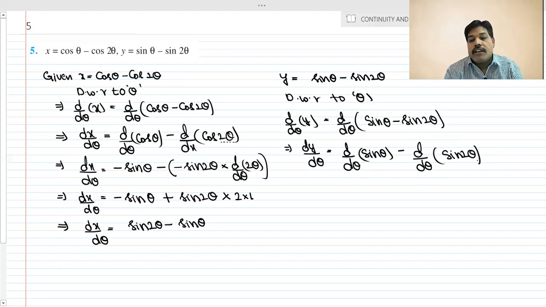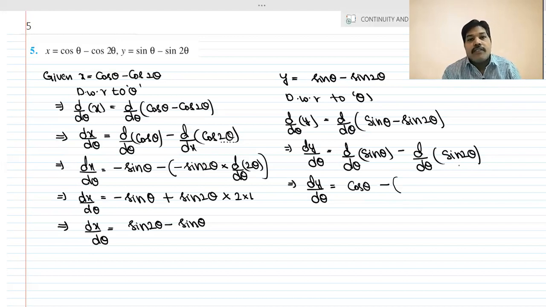So what happens? dy by d theta is equal to the derivative of sine theta, which is cos theta, minus. Here it is the derivative of sine f of x. Once again you are going to use the formula, students. What is the derivative of sine f of x? It is cos f of x into f dash of x.